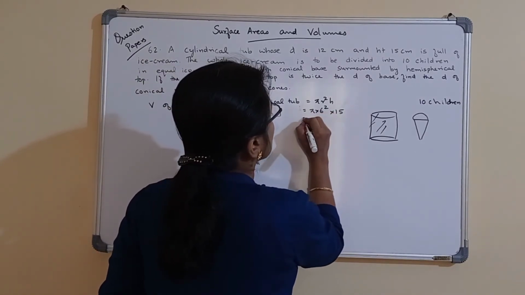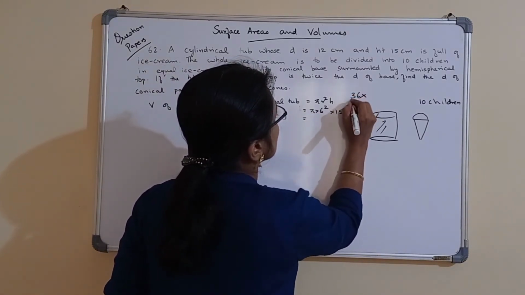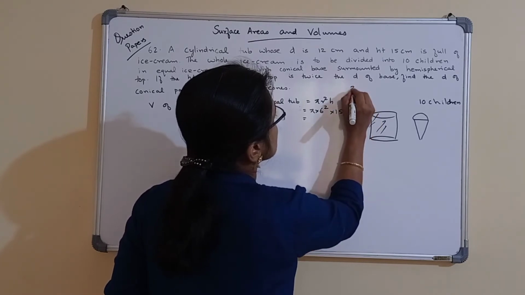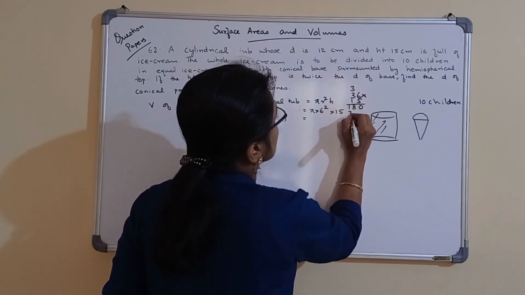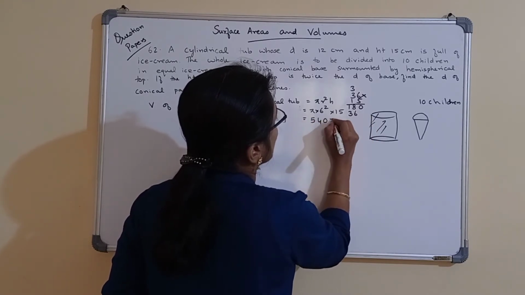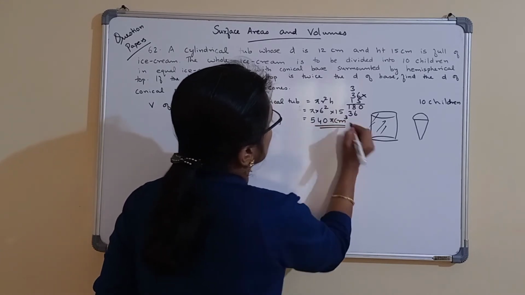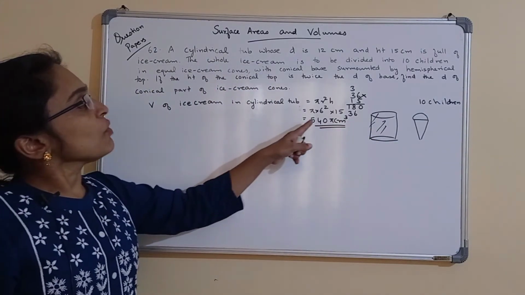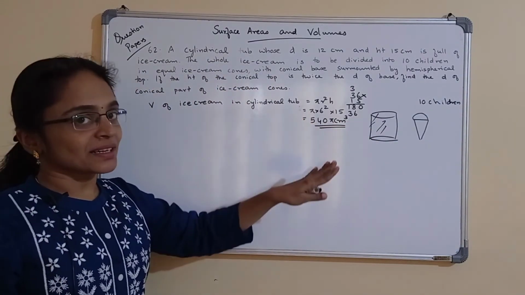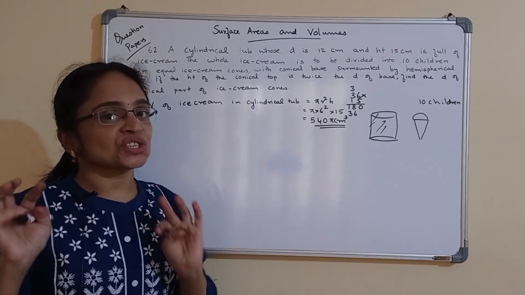So we can calculate this, how much it is, 36 into 15, which is 540 pi centimeter cube. So this is the volume of ice cream in the cylindrical tub, and it is divided to 10 children.